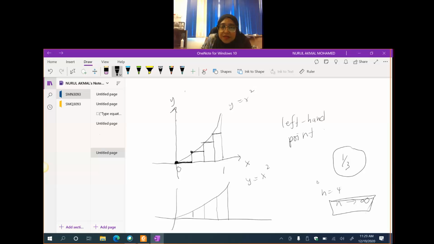For the centered one, it means that this will be the center. So this is equal distance, and here will be the center. So we draw the lines which correspond to f of this centered point, and this one as well, and this one as well, and for this one as well.